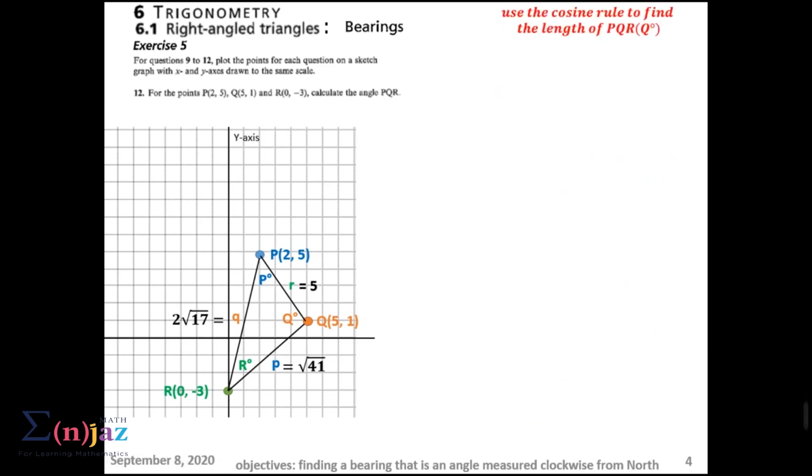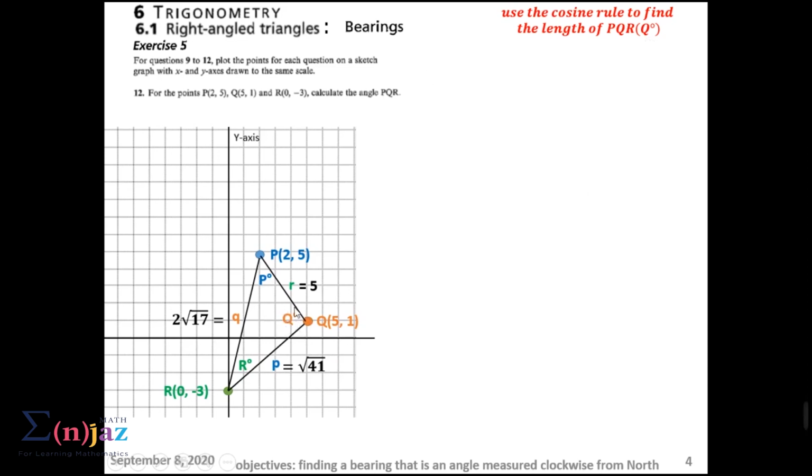Use the cosine rule to find the size of angle PQR, which is angle Q, or we call it RQP, or angle capital Q.